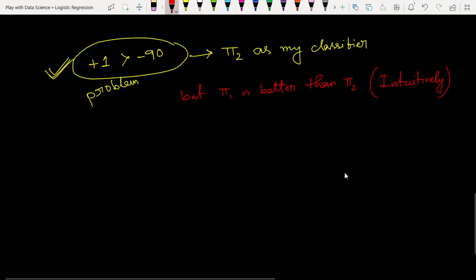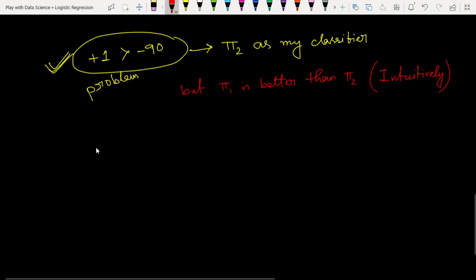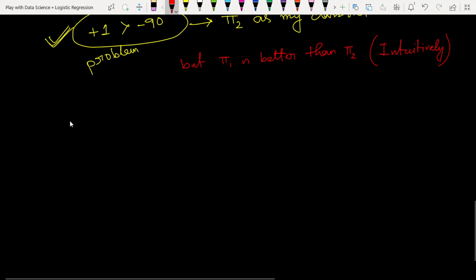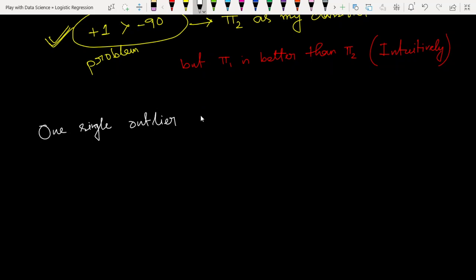To avoid such situations, we use a technique called squashing. Why is squashing needed? For outliers: one single extreme point, that is an outlier, is changing my whole model.